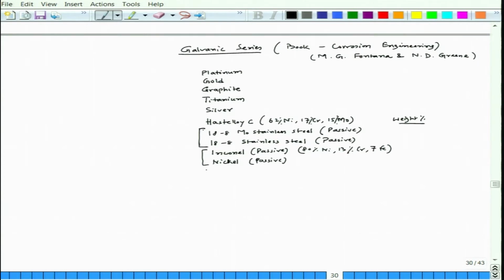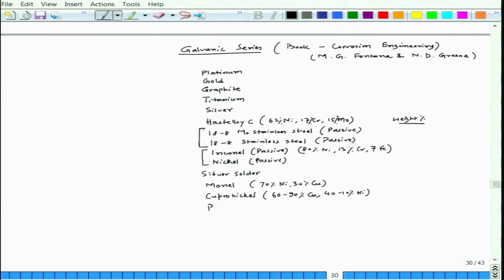Then silver solder, we have a couple of nickel alloys: Monel, which is 70% nickel and 30% copper, cupronickel, which is 60 to 90% copper and 40 to 10% nickel.